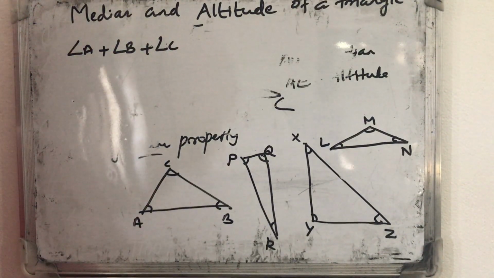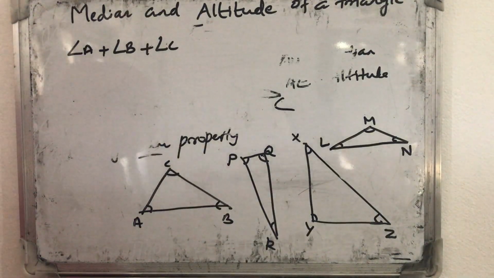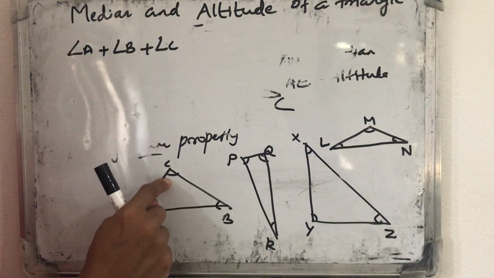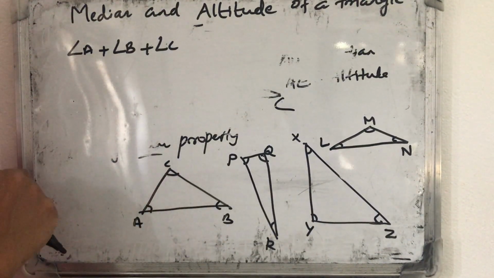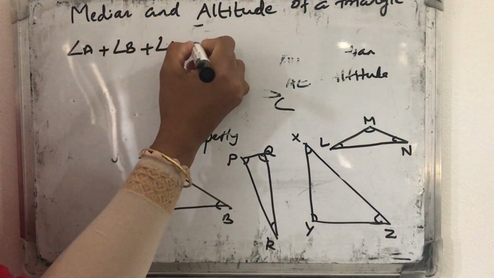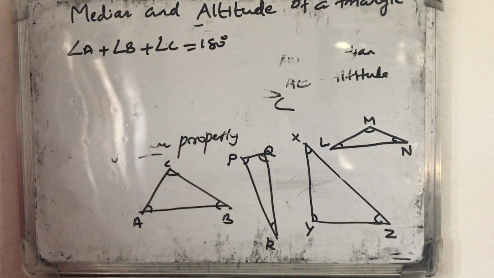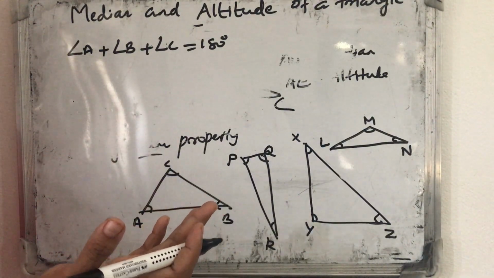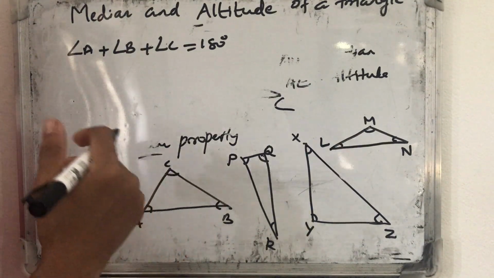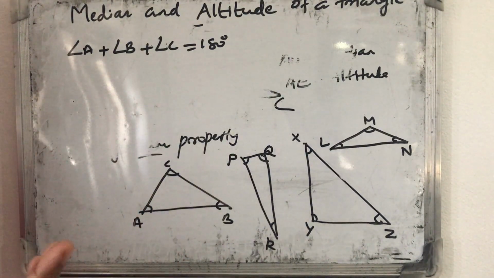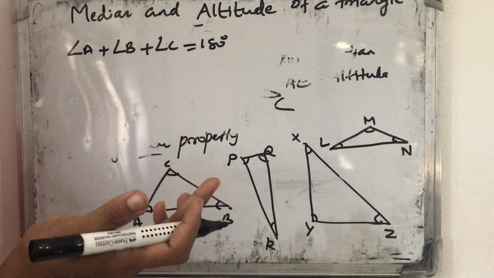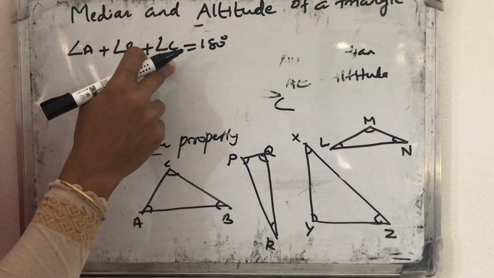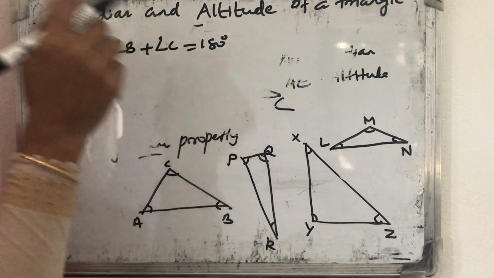If you make a cutout of one triangle and measure each angle and take the sum for any triangle, you will get its sum as 180 degrees. Whether it is an acute triangle, right angle triangle, obtuse triangle, equilateral triangle or isosceles triangle, any type of triangle you take, measure the 3 angles and take their sum, you will get the total as 180 degrees.